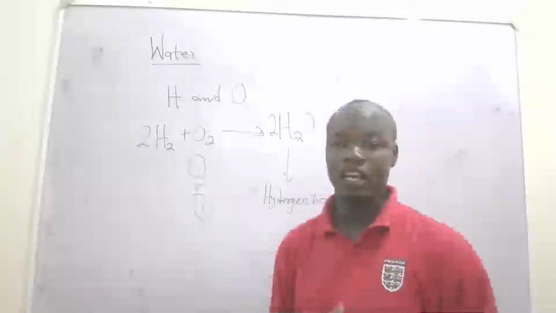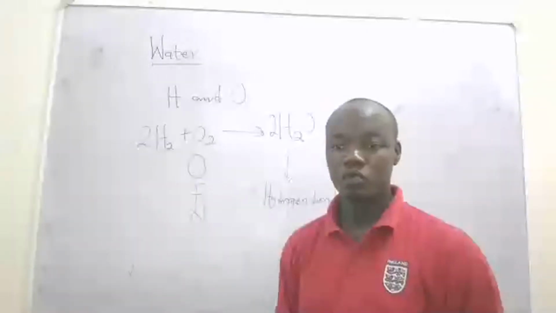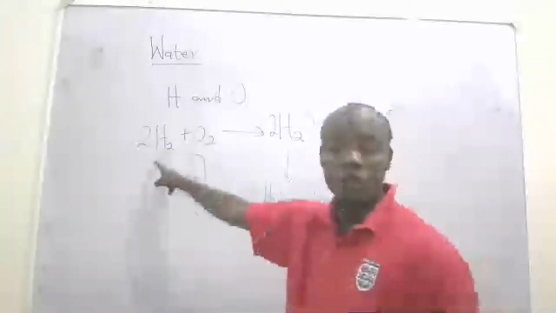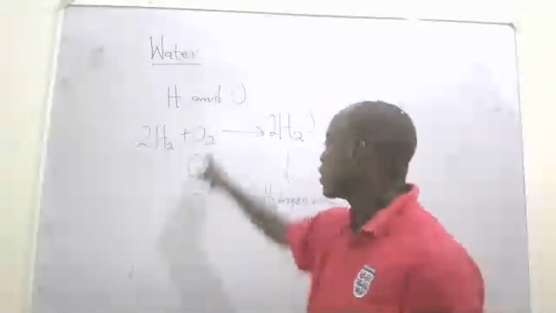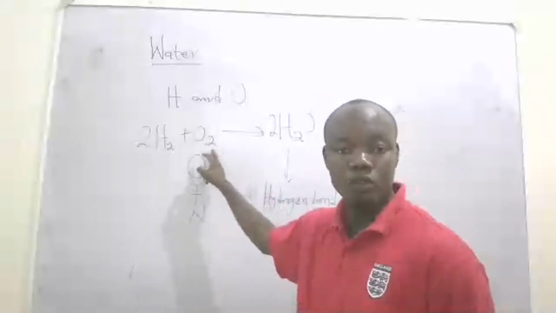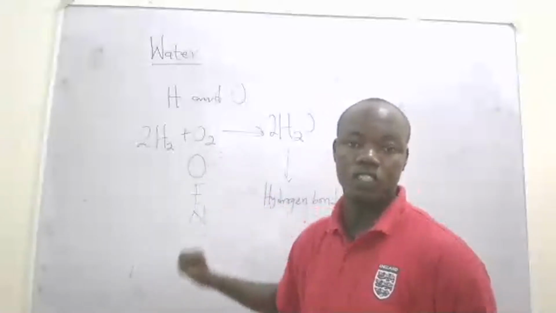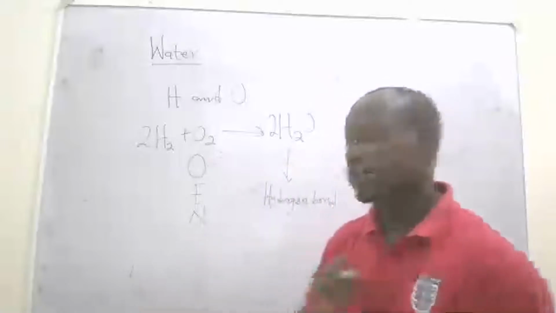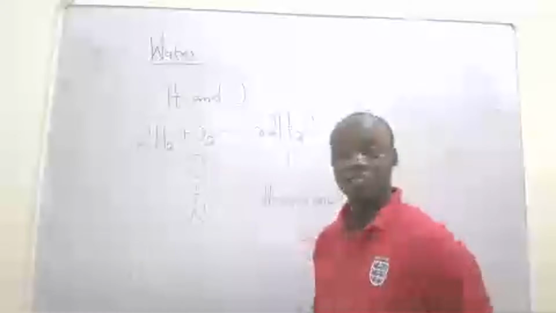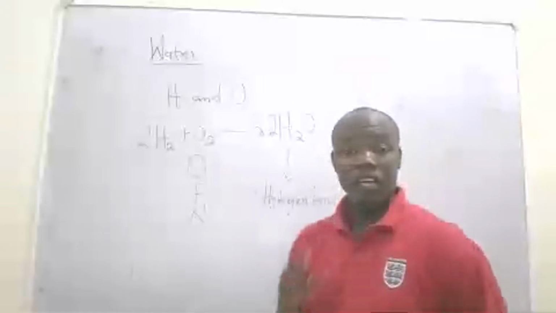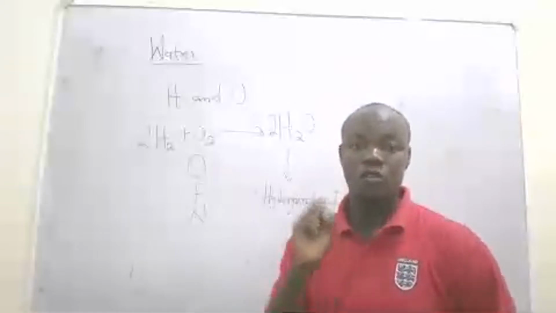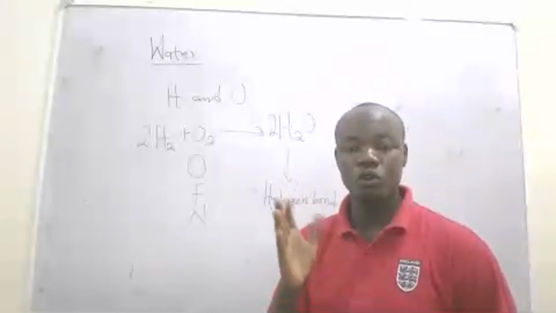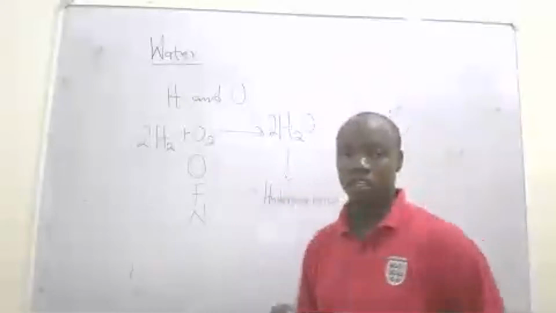This chemical reaction is when two molecules of hydrogen react with one molecule of oxygen gas to generate water molecules. And of course, the oxygen is bonded together with hydrogen through what you call a hydrogen bond.